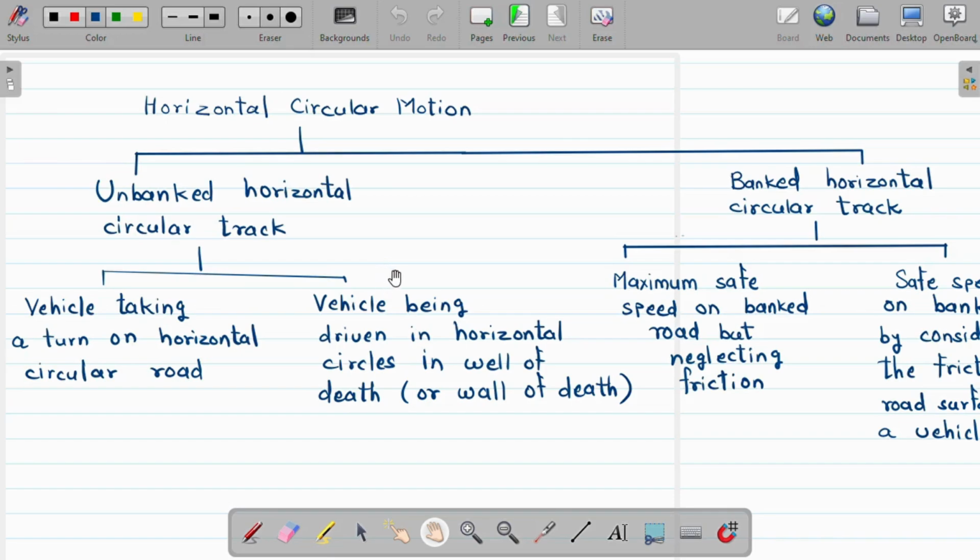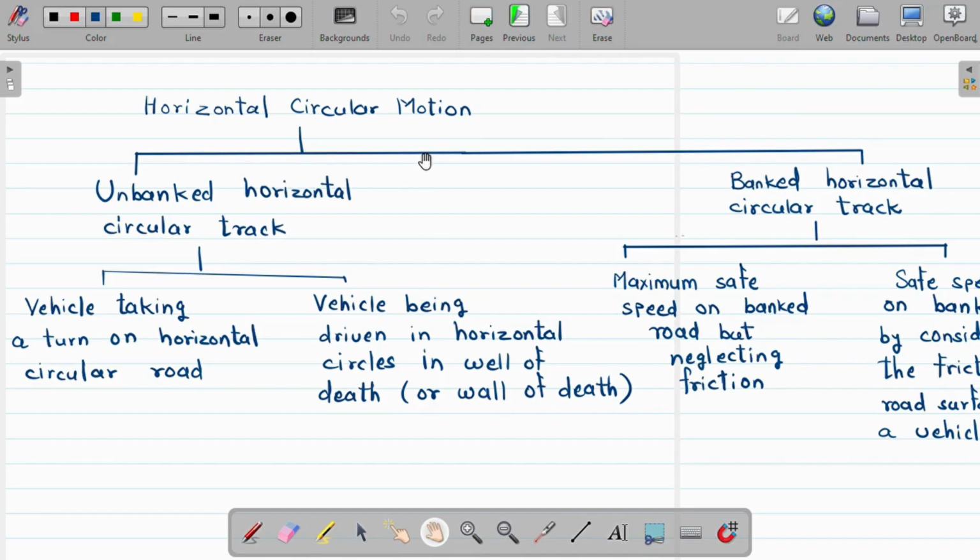Hello students, let's start discussing some important derivations from rotational dynamics, class 12 HSC board physics. Today we will see horizontal circular motion.